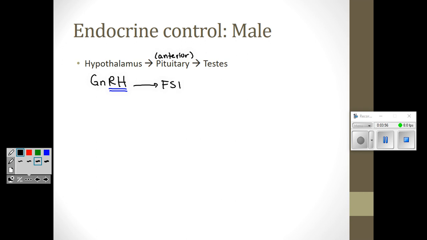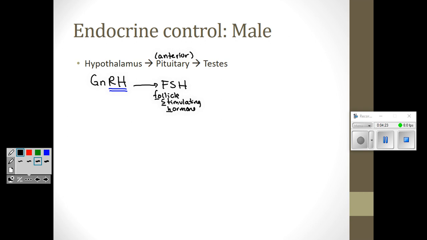It stimulates FSH. The abbreviation FSH stands for follicle stimulating hormone, and it's one of the ones that's on your data sheet. You're going to look at that name and say, well, that's a dumb name.